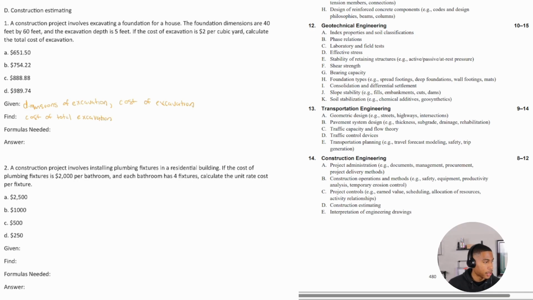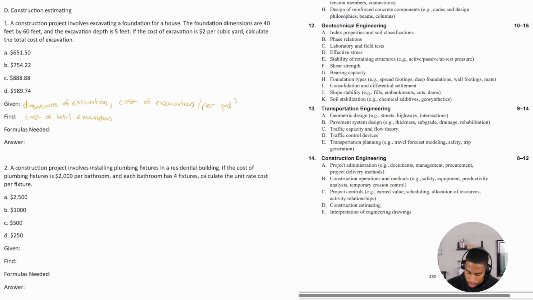And it's key to note here that the cost of excavation is per cubic yard. Right. So are there any formulas that we need? Well, I'm just thinking through this logically.